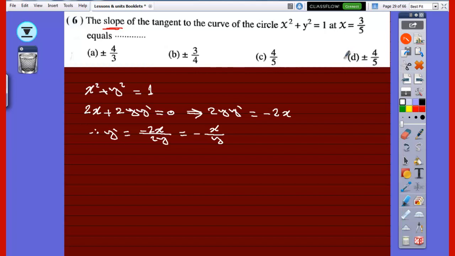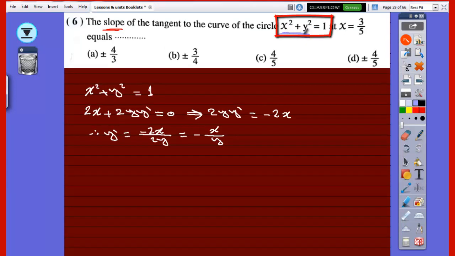When x equals 3/5, here we have x equals 3/5, but we don't have the value of y. So from the equation of the curve, we have y² = 1 - x², and when x equals 3/5, we will substitute here.